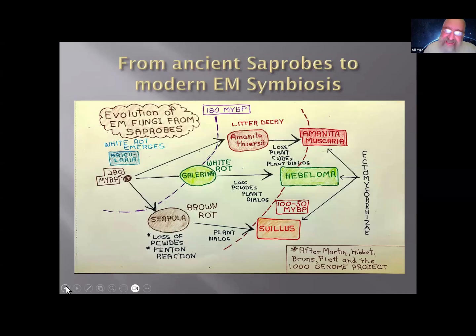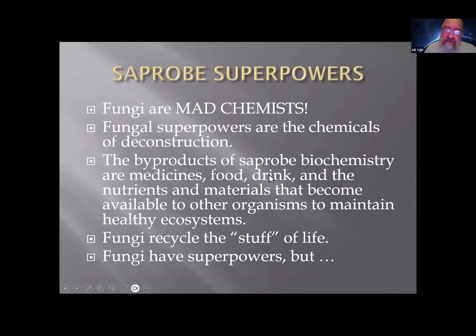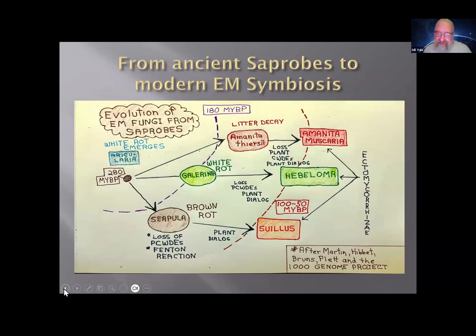And so you have this progression from ancient saprobe here to like a Galerina, a modern wood decay white rot fungus, evolving to an ectomycorrhizal.